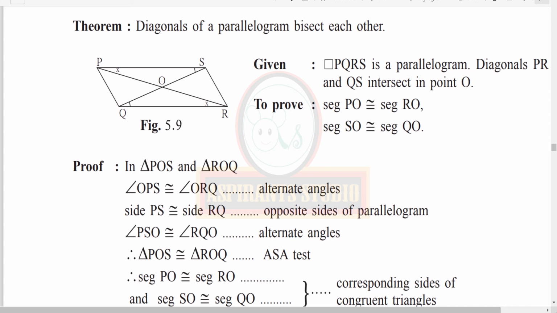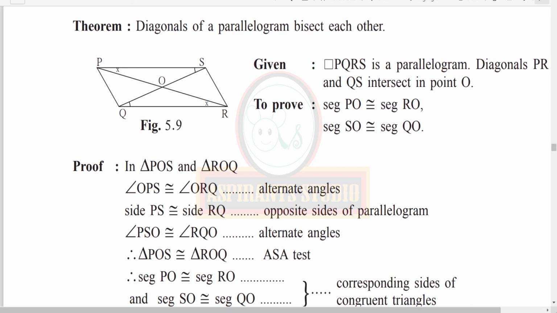Angle PSO is congruent to angle RQO. PS is parallel to QR, since it is a parallelogram and opposite sides are parallel. Let us take line QS to be the transversal.